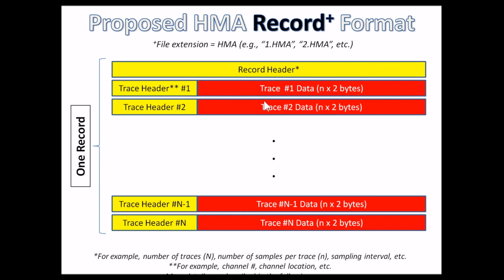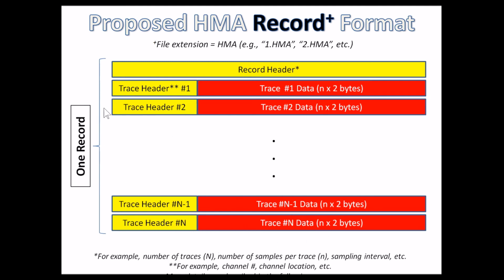If there are n samples per data set, per trace, then there will be n times 2-byte data elements following each trace header. And then there will be n repetitions of these trace elements like this.